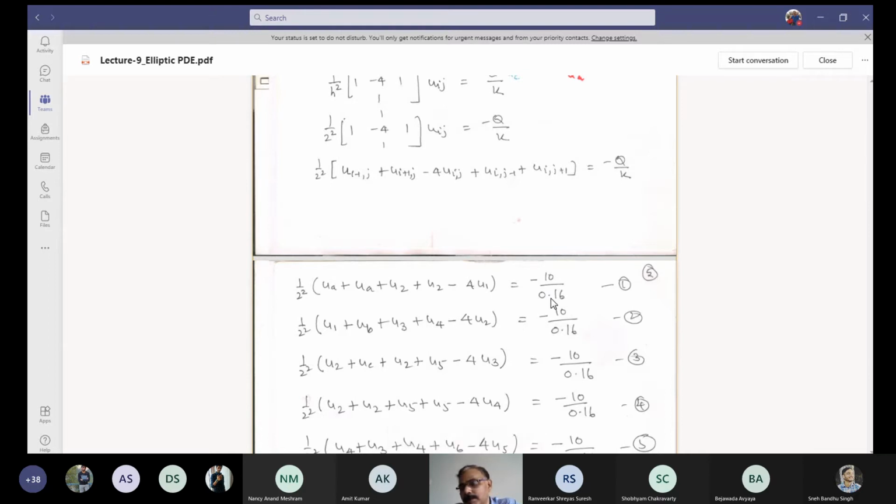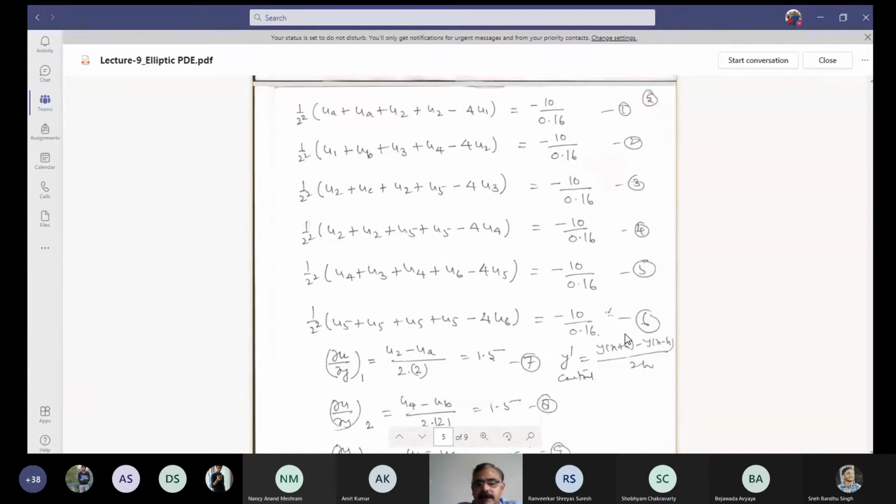So either you write from the picture which you have for that mesh points, or you can write it from the equation itself, discretization.